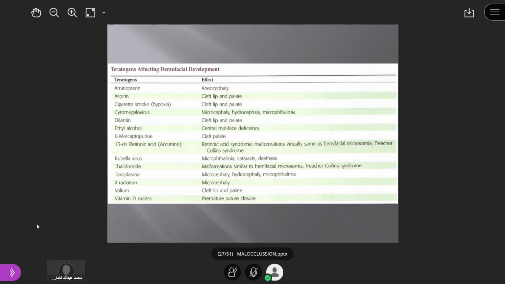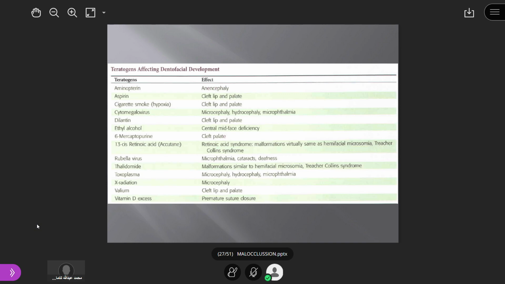For example, aminopterin, aspirin, cigarette smoking, Dilantin, anti-epileptic drugs, rubella virus, cytomegalovirus, X-ray radiations, Valium, sedatives, right? Vitamin D excess. These are the commonly used agents which can produce embryological defects, which are very common in our patients, like cleft palate, right?